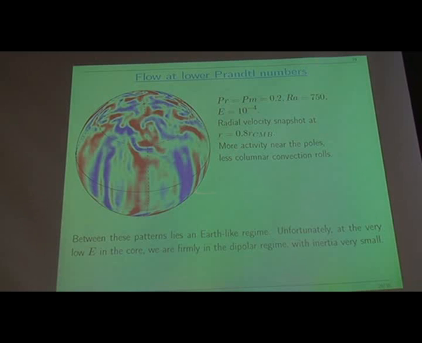Okay, and this is the flow at lower Prandtl numbers, and you can see that the columns are beginning to break up here. There's more activity near the poles, and there's still some columnar convection going on here, but it's much less evident. And this is part of the inertial business, because part of the reason for the columns, of course, is the Taylor-Proudman theorem, and the Taylor-Proudman theorem relies on low inertia.